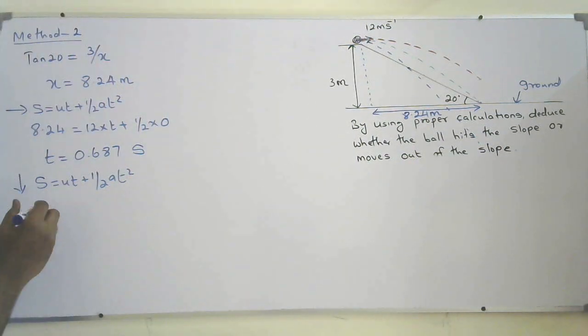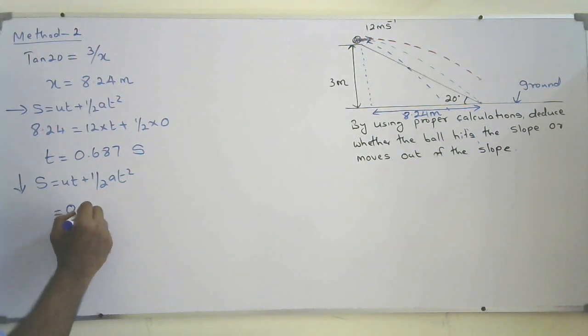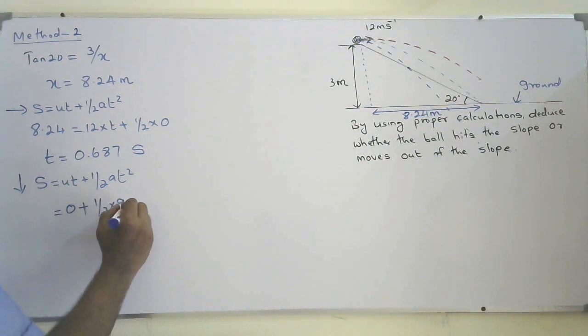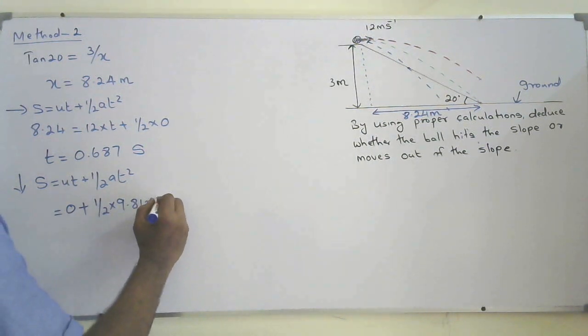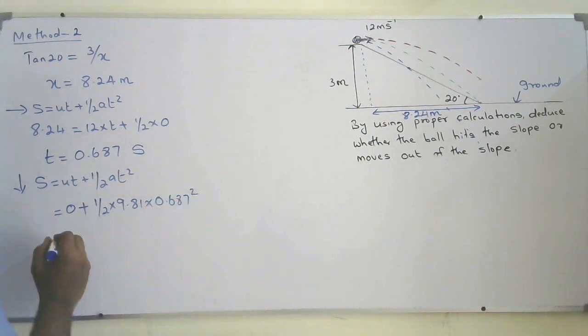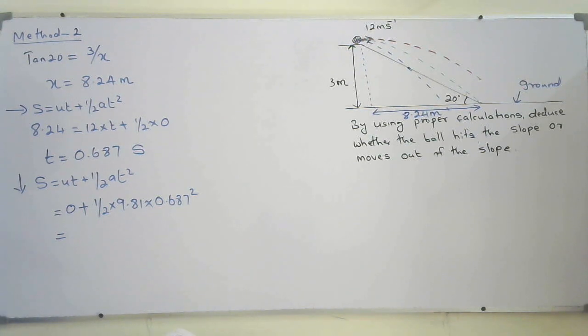Okay, so we'll find the vertical displacement. That is going to be 0 because it was projected horizontally, plus half into 9.81 into 0.687 squared. That value will be equal to 2.32 meters.